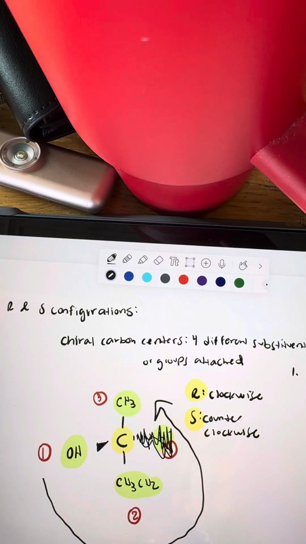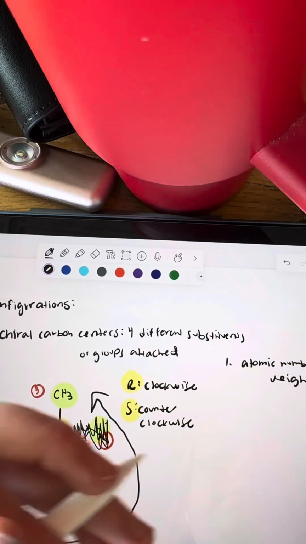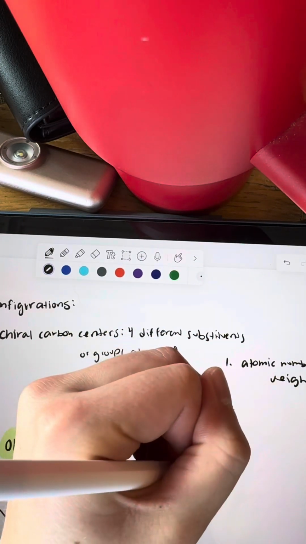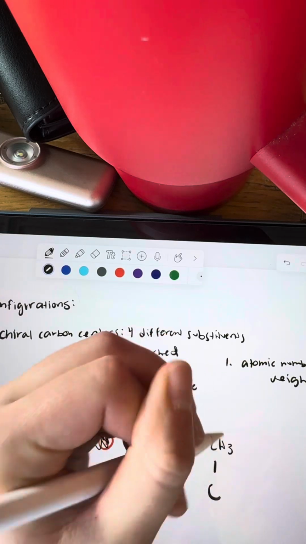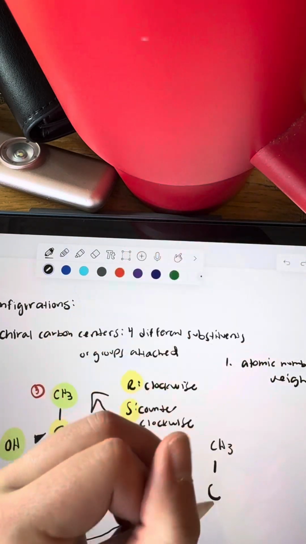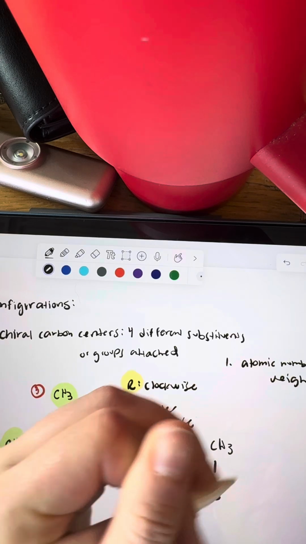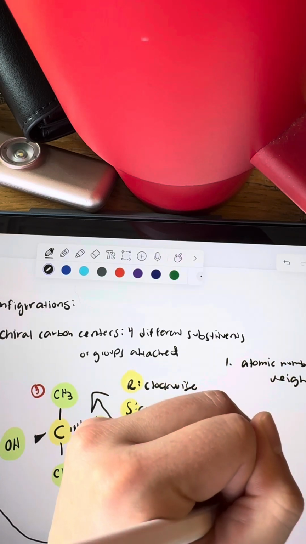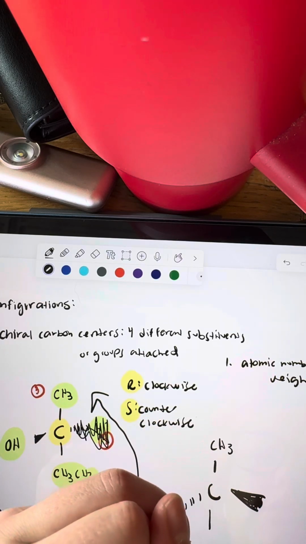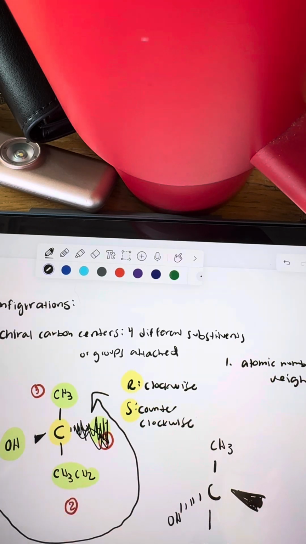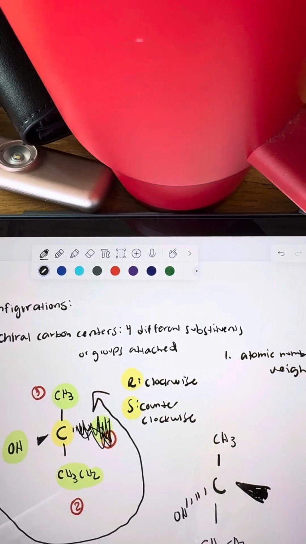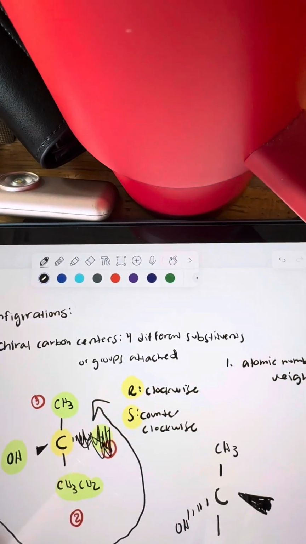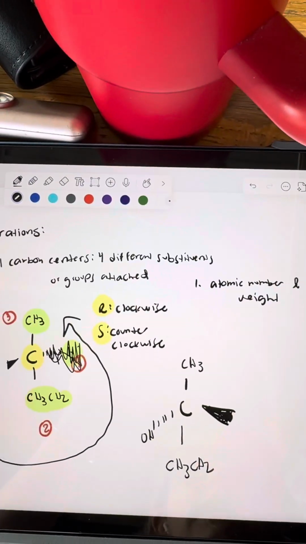However, say we get this molecule. Say it's like this. CH3. Let's do OH. And it's like this. And then it's CH3, CH2. So I don't know if you can see this, but see if it's like that.